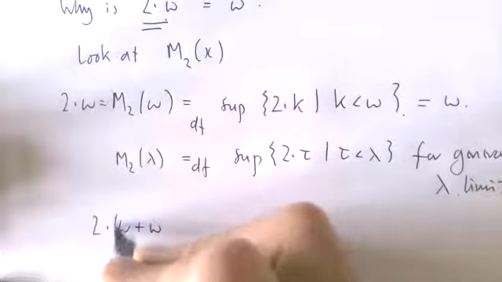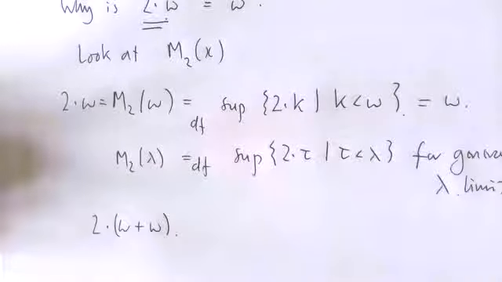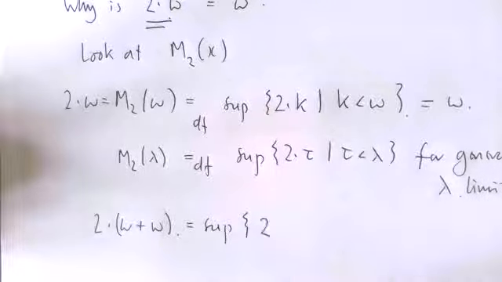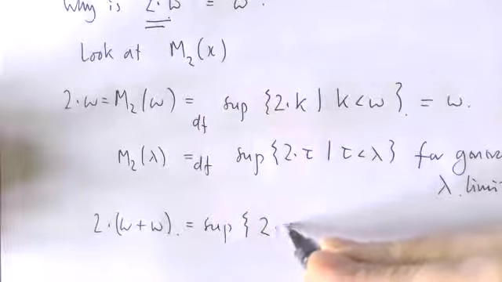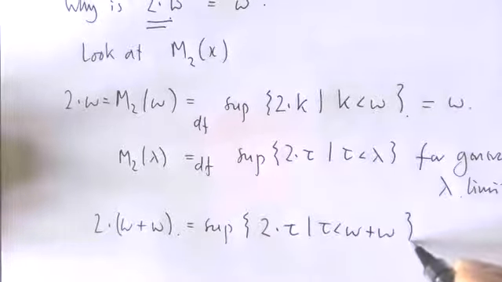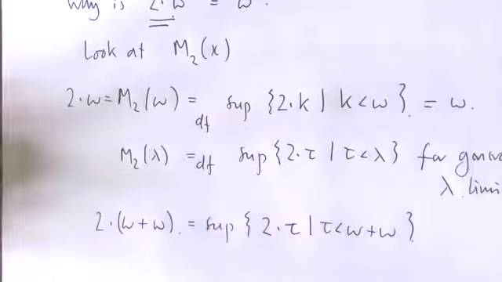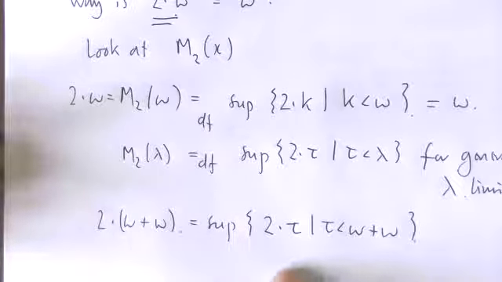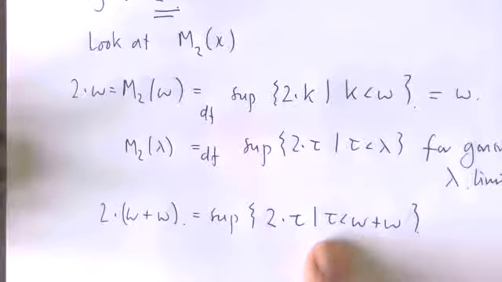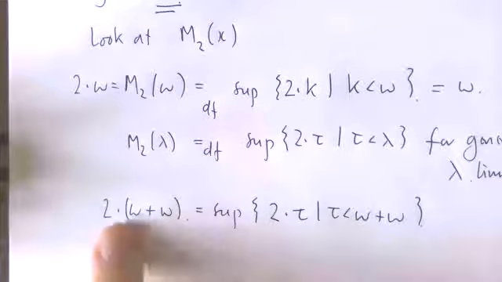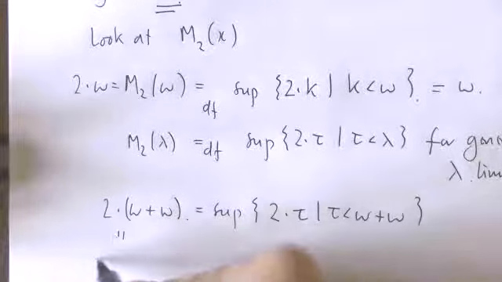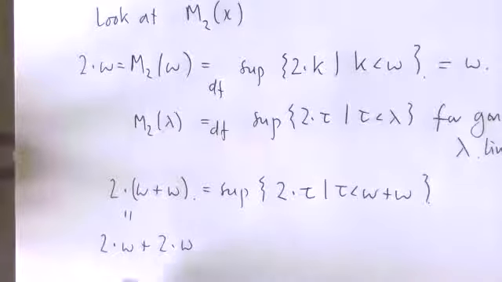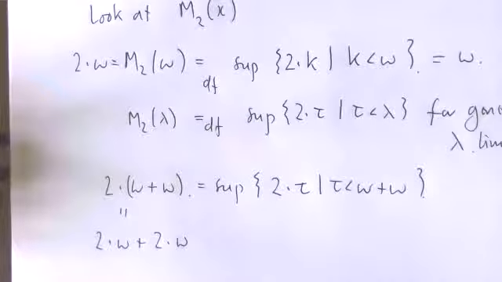Look at 2 times omega plus omega. This is another limit ordinal. So this is the supremum of the 2 times tau for tau less than omega plus omega. Here I'm just applying the line above with this. So what are we going to get out of this? This is 2 times omega plus 2 times omega, by the distributive law.